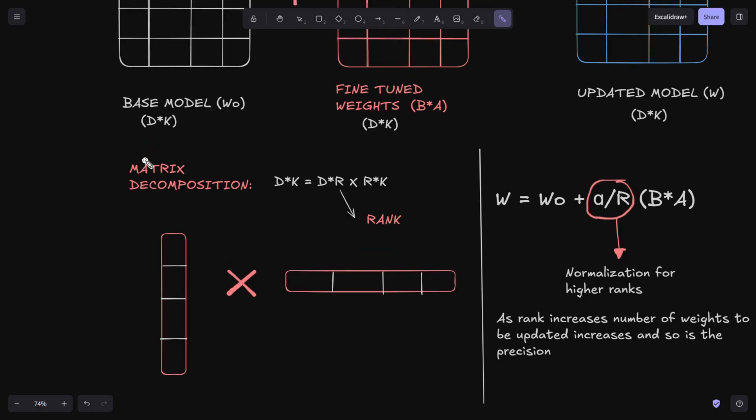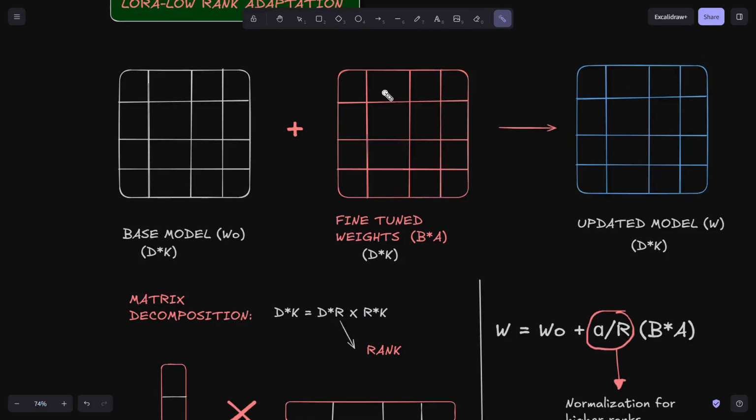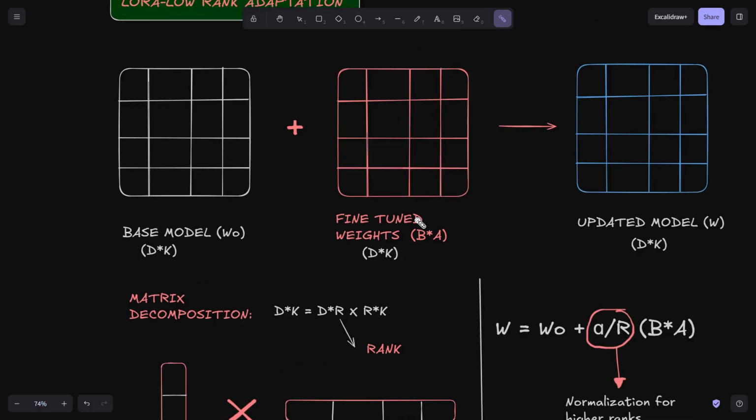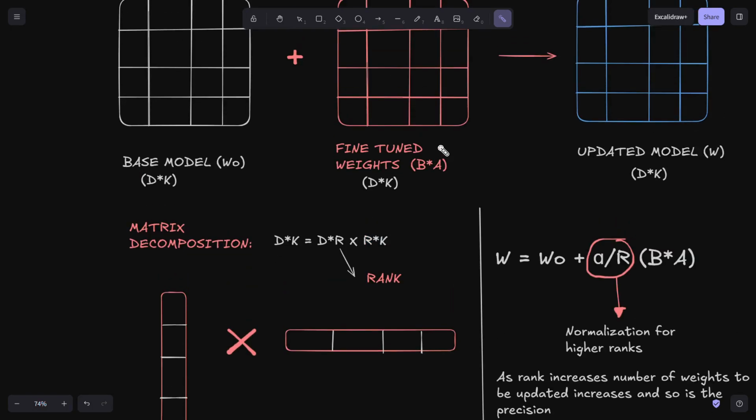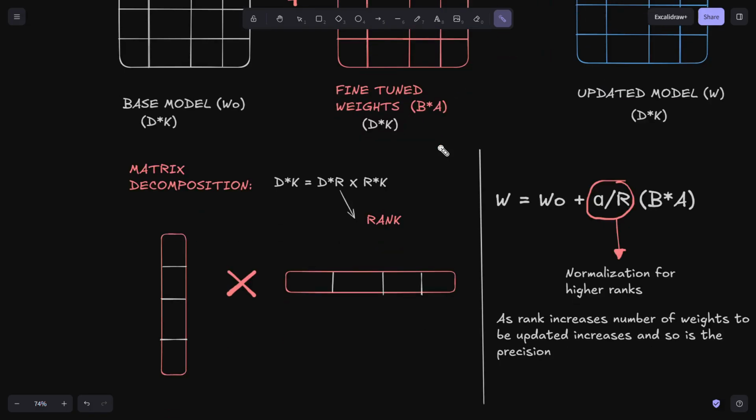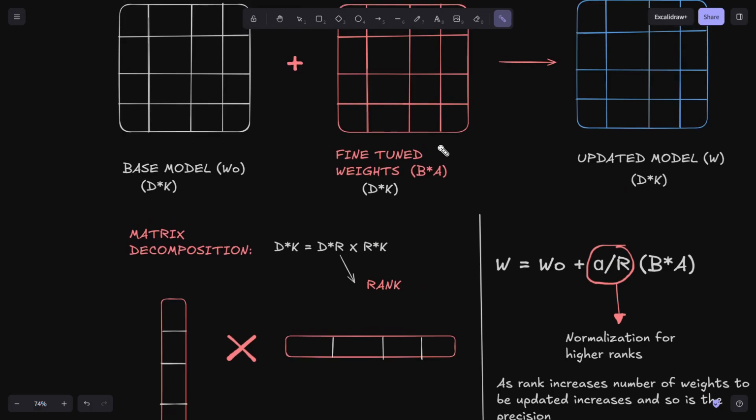Look over here, this 4 cross 4 matrix has 16 components, and we downscale it to 8 components: these 4 in the first matrix and the other 4. So now you don't have to train 16 weights, you will just be training 8 weights. This is the use of LoRA, wherein we are reducing the number of parameters.